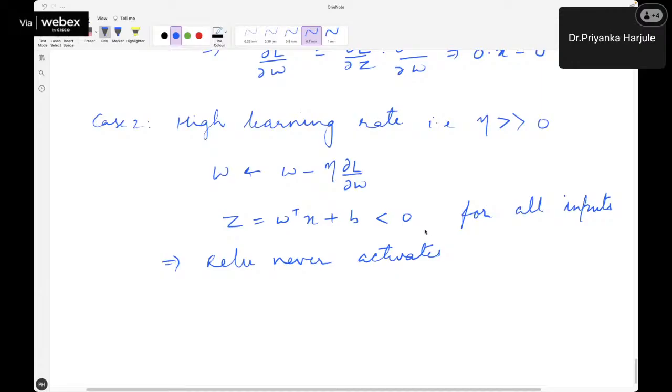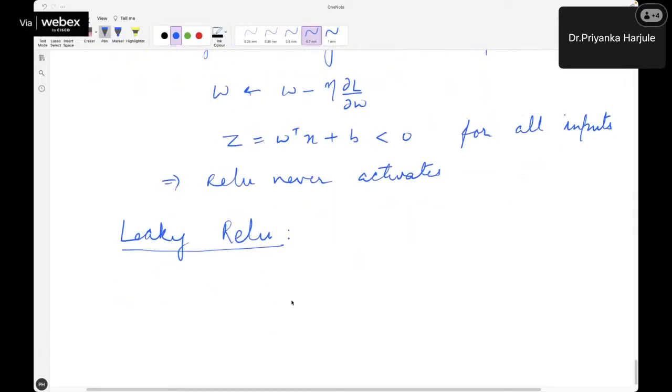So to mitigate this problem, there was this leaky ReLU activation function proposed. This is very similar to the ReLU, but a bit different in that it allows for a leak, as the name says, leaky ReLU.